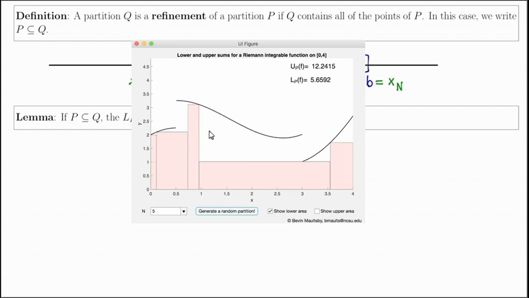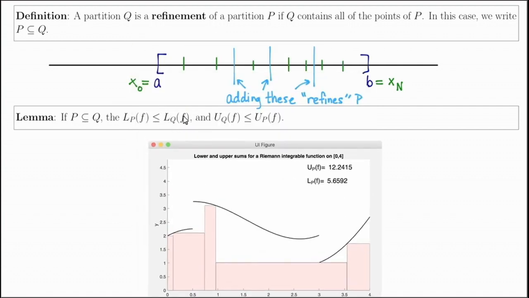So if I dropped in and kind of created a new subinterval where I'm moving my mouse, the height would go up, which would mean that we would be adding more area, right? So if we can make our partition finer, then some of these heights are going to increase, and so we're going to be having more area. That's why we say that the lower sum of a refinement is larger than the lower sum of the original partition.